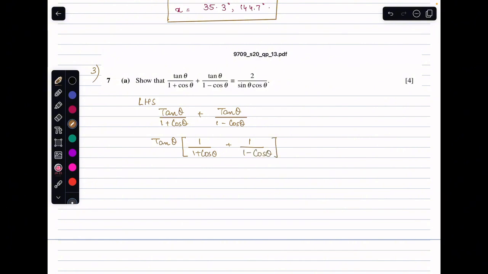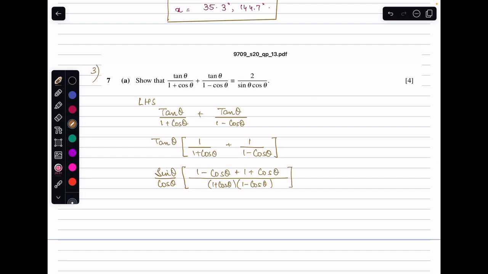So tan theta can be replaced by sine theta over cos theta, and for the bracket I shall be taking the LCM, which is 1 plus cos theta and 1 minus cos theta, and the first term will get multiplied by 1 minus cos theta plus 1 plus cos theta.